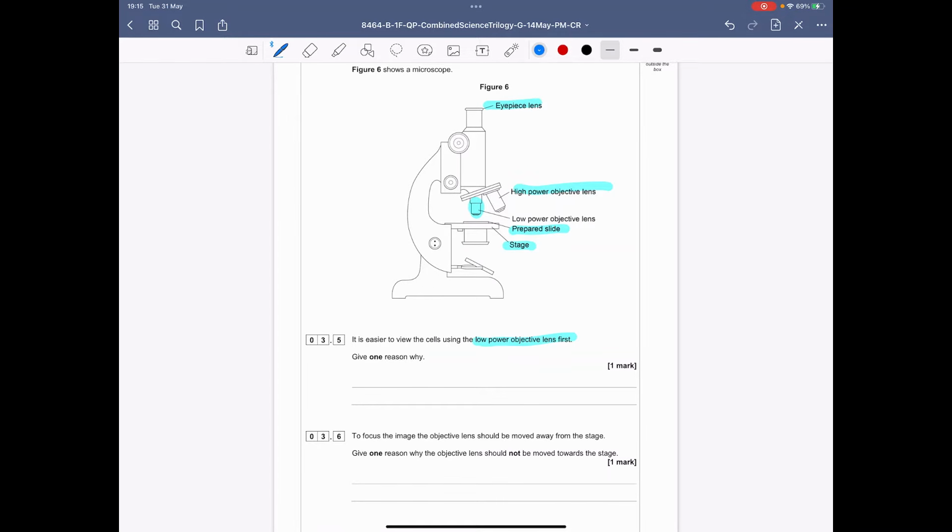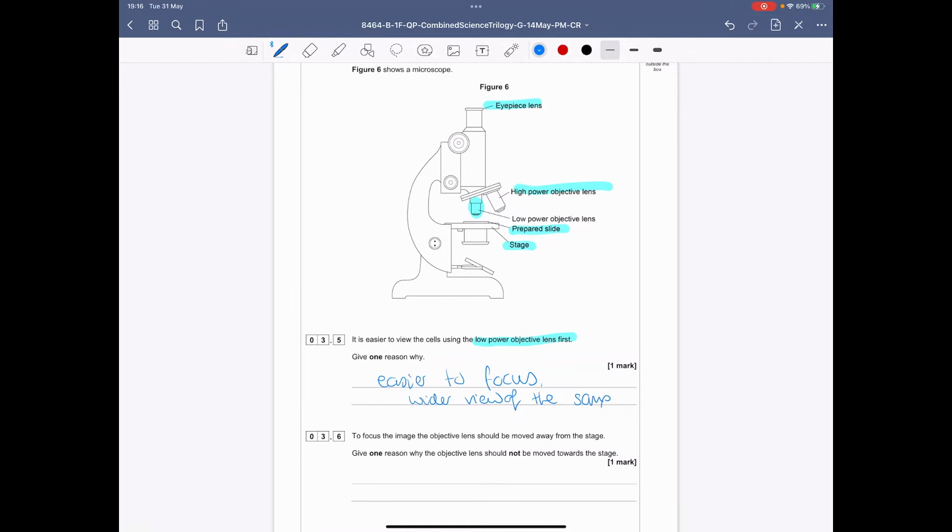Okay, why is it easier to view cells using the low-powered lens? Well, it's simply because the easiest answer is that it's easier to focus.